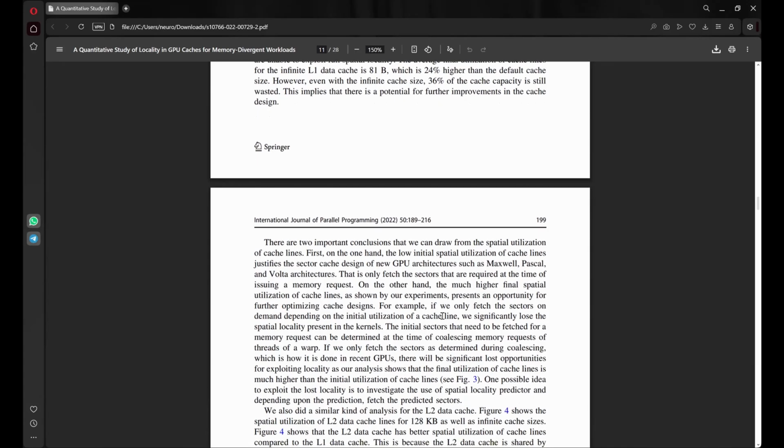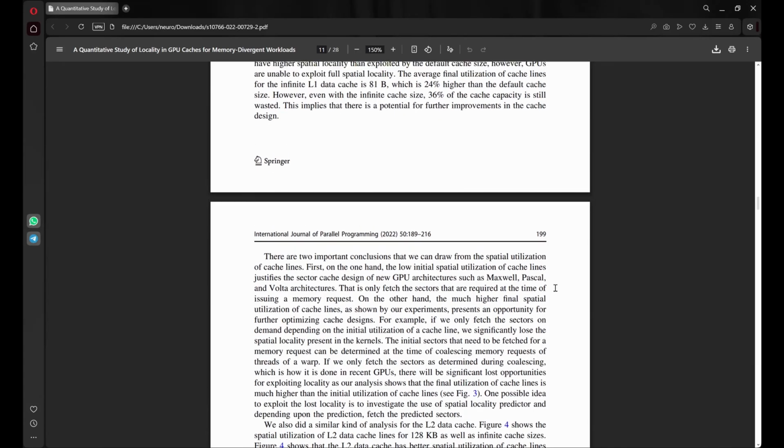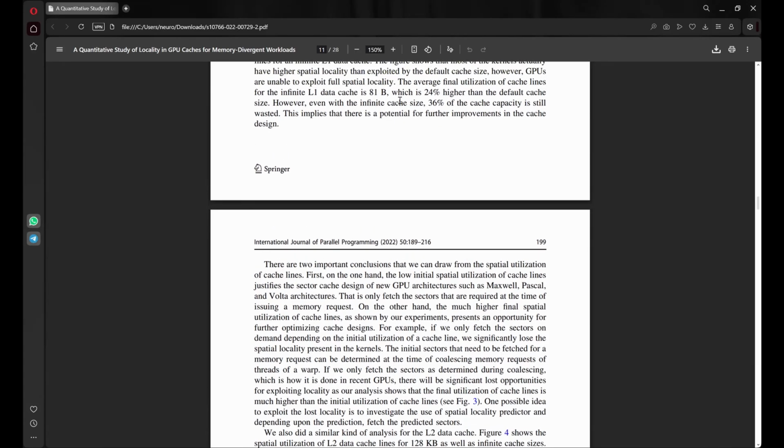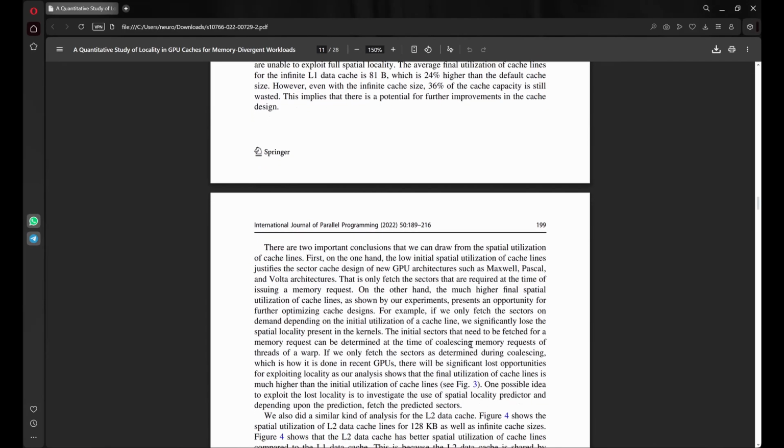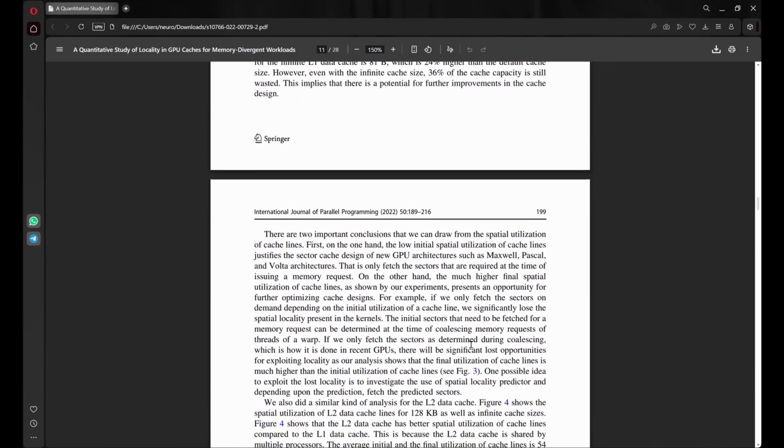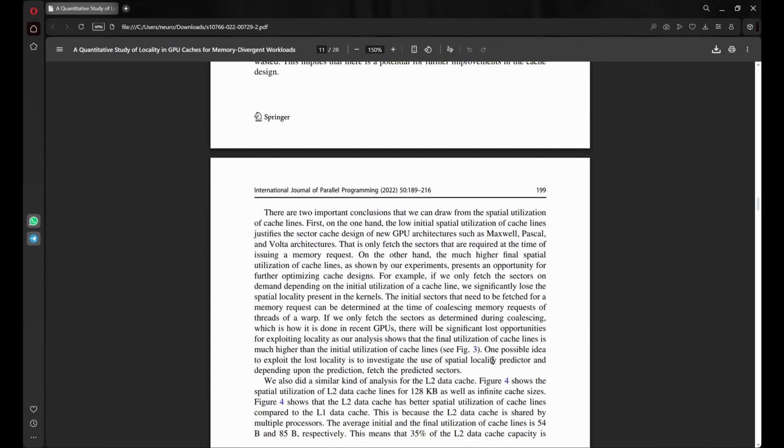On the other hand, the much higher final spatial utilization, this figure of 81 bytes, shows that there's space for optimizing cache design. What they recommend in the paper is to use a spatial locality predictor.